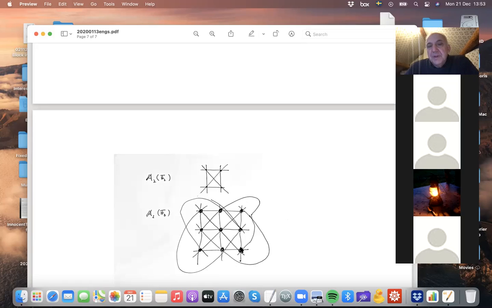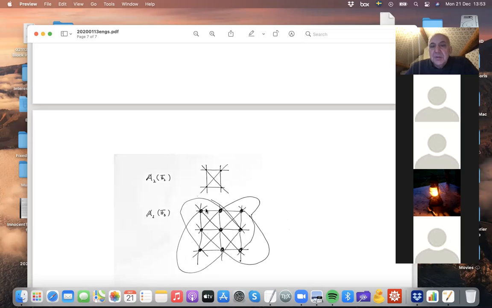If we take F3 and the Cartesian product of F3 with F3, which consists of 9 points, then we should get n squared plus n, so 12 lines. And here in this picture, we have 12 lines.